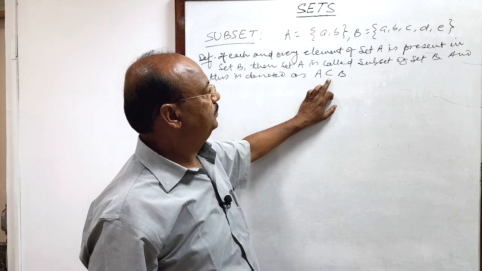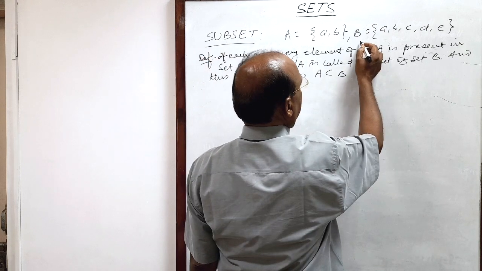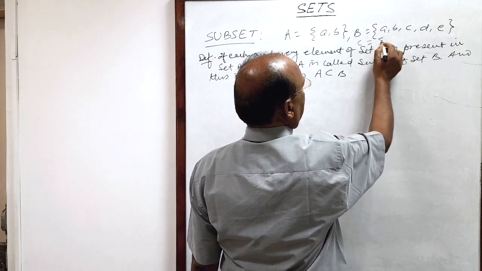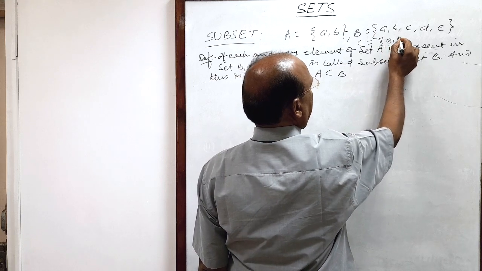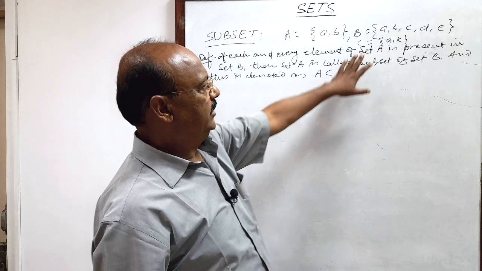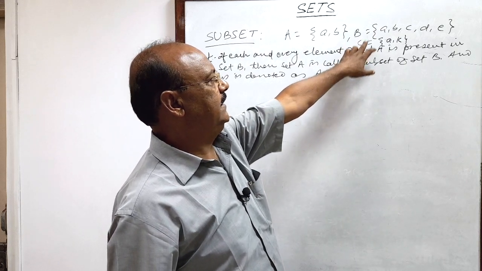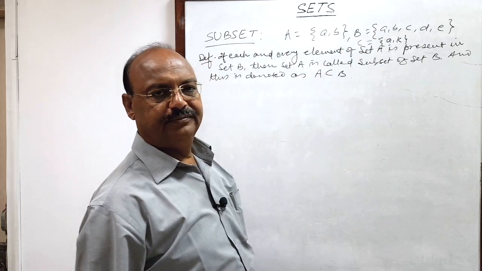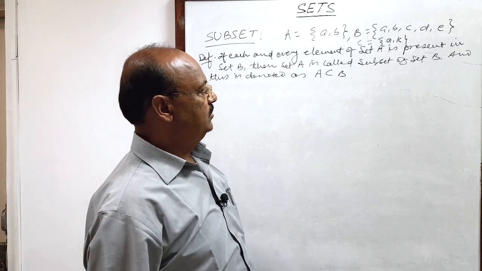And suppose you take another set C having elements a and k. Tell me whether this set C is a subset of B or not. No, this is not a subset. Why?